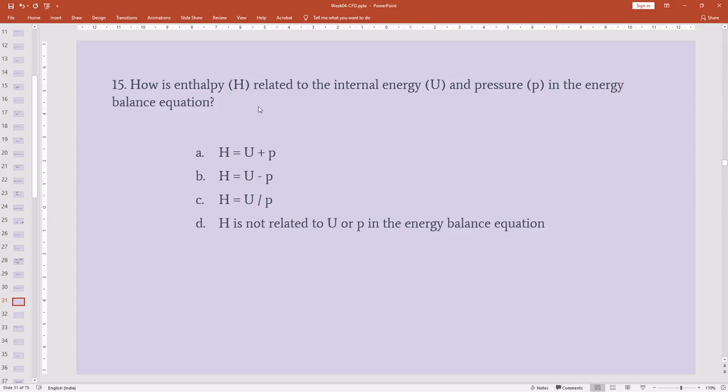Option A, H is equal to U plus P. Option B, H is equal to U minus P. Option C, H is equal to U by P. Option D, H is not related to U or P in the energy balance equation. You can inbox your answers. This is again a simple question.